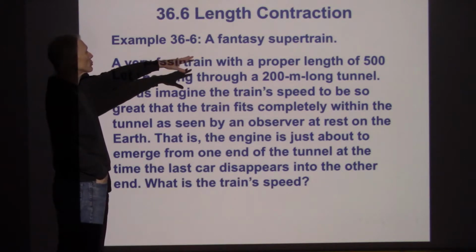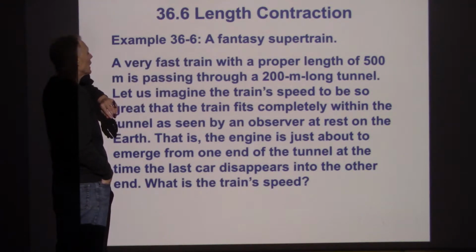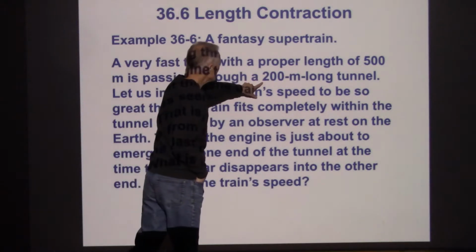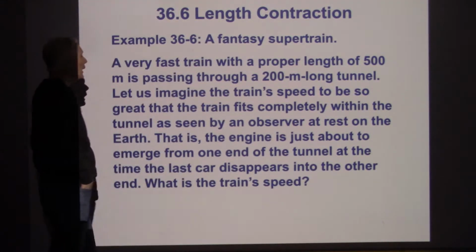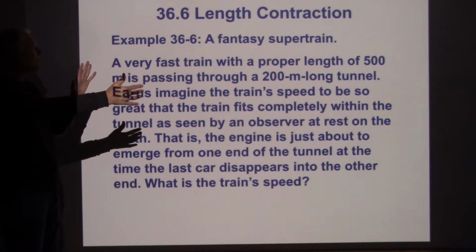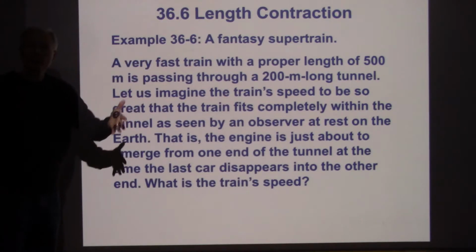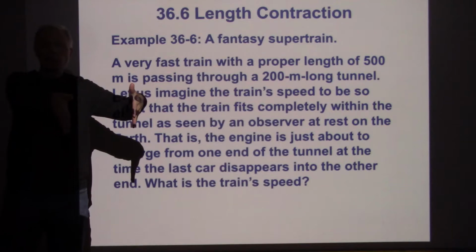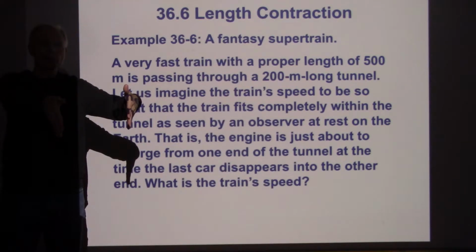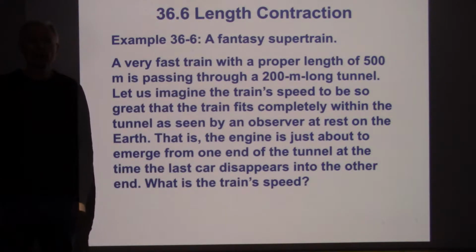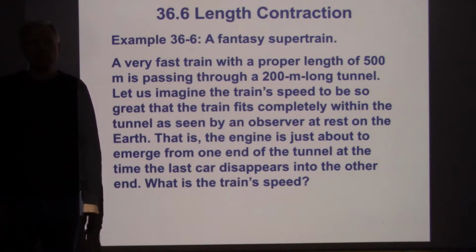It says that we have this really fast train with a length of 500 meters. It's going through a 200-meter long tunnel. Is it possible that the train could be going so fast that the entire train, which is 500 meters at rest, could be length contracted to 200 meters, which would allow it to be entirely inside the tunnel at a particular instant?